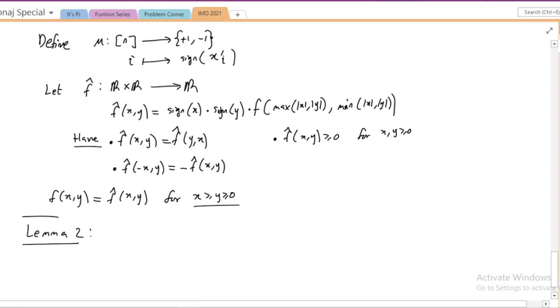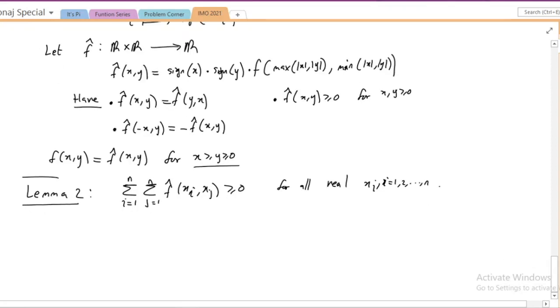Okay, so lemma 2 would be more like saying summation i from 1 to n, summation j from 1 to n, f cap of xi and xj is greater than or equal to 0 for all real xi up to n. Okay, so to prove this, we just use our lemma 1.